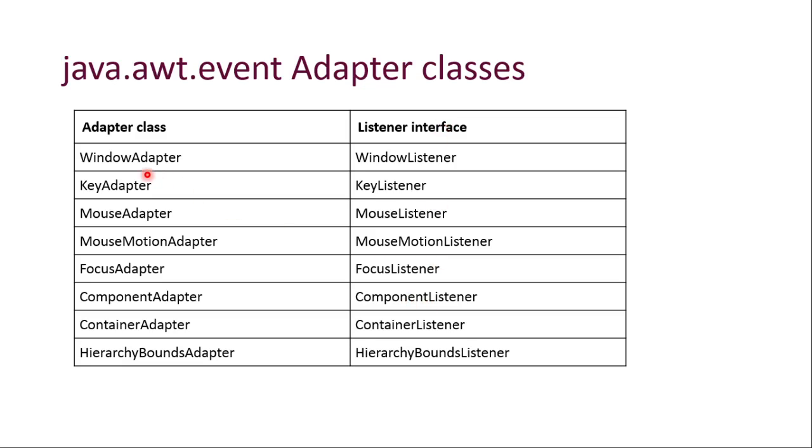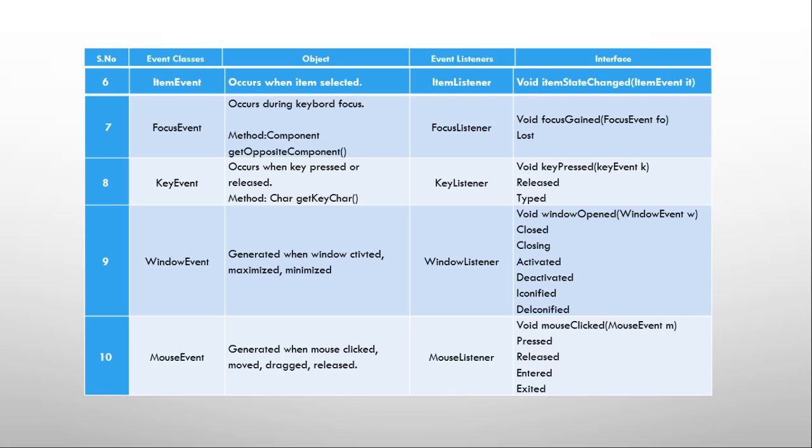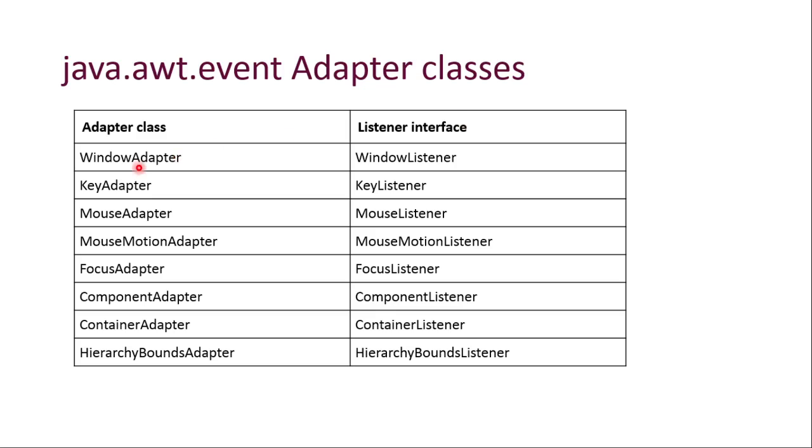In the very first point, we have seen that adapter classes provide default implementation of listener interfaces. So in the previous video, if there is an event like a focus event, there will be a listener, right? Focus listener, and a few interface methods will be there. So likewise, over here we have got window adapter, and obviously it is window listener, right? And key adapter, key listener. So likewise it will be going on.